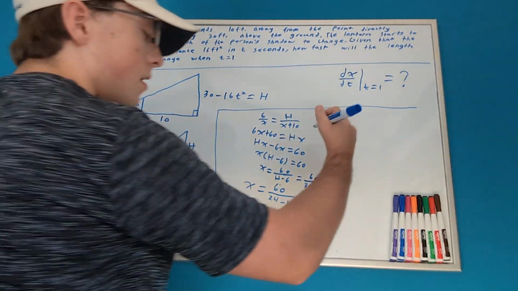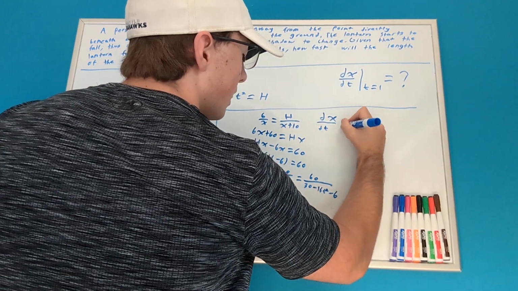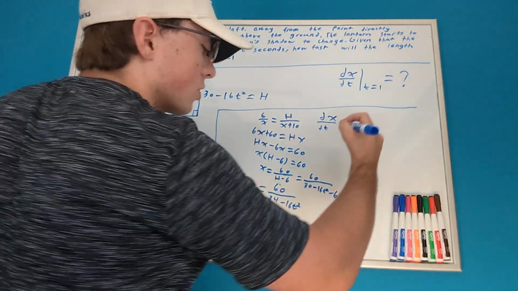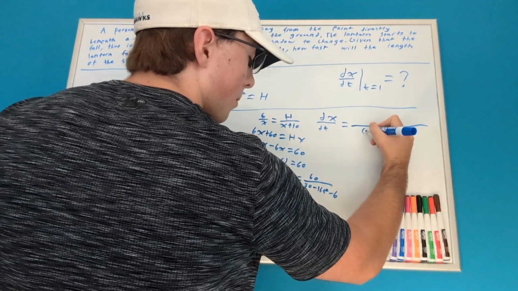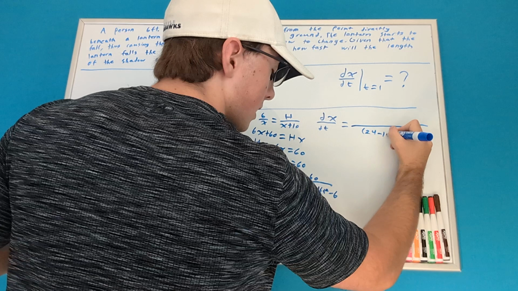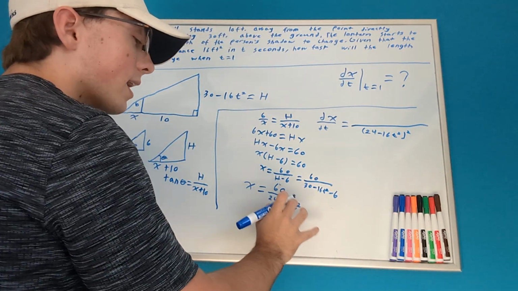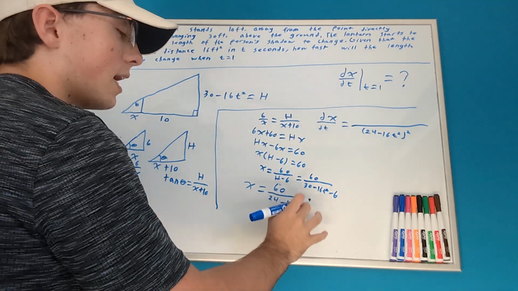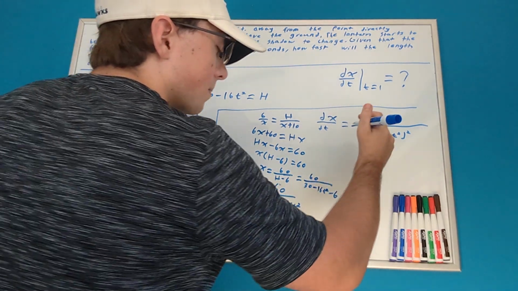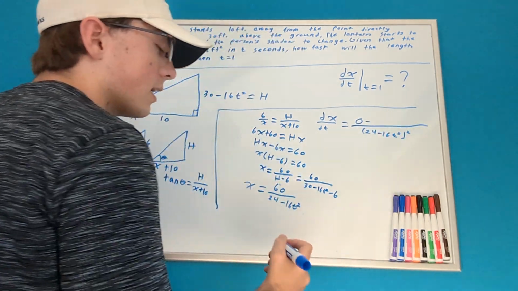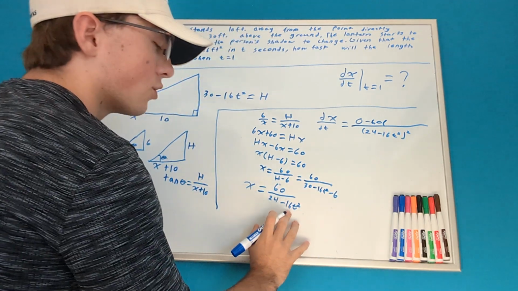So then we get dx over dt equals, just use the quotient rule. Let's start with squaring the denominator, 24 minus 16t squared. Then we take the derivative of the numerator and multiply it by the denominator, but the derivative of the numerator is just 0, so 0 minus, then we take 60 and multiply it by the derivative of the denominator.